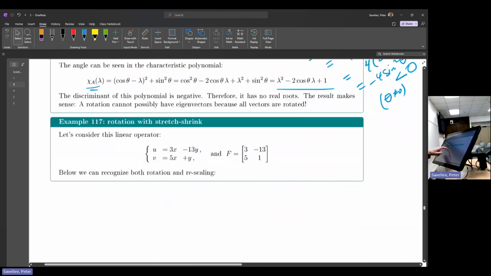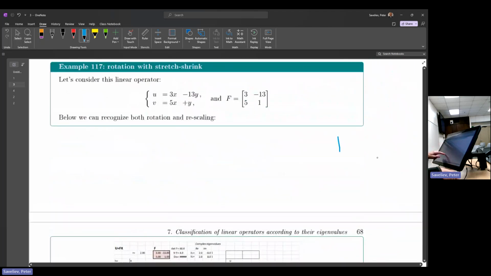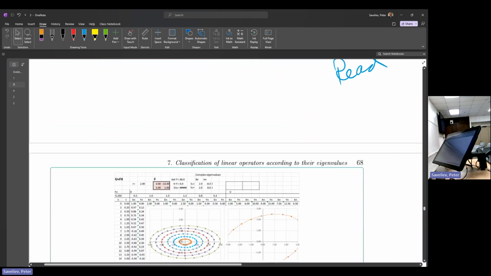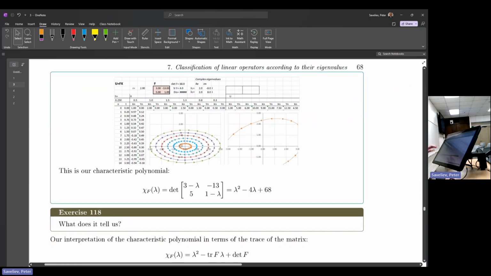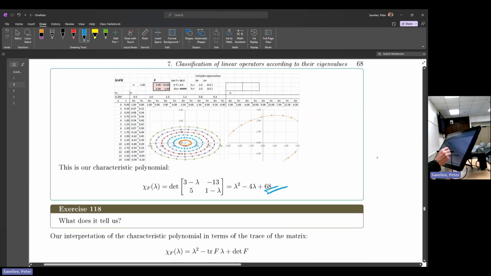So this example is actually, I'm gonna skip it. You may not even know what the transformation is, but you can detect, once you run through our computations with or without experimentation, that the characteristic polynomial has no real roots. You know that there is a rotation there. It is not a rotation, but there is a rotation in there.